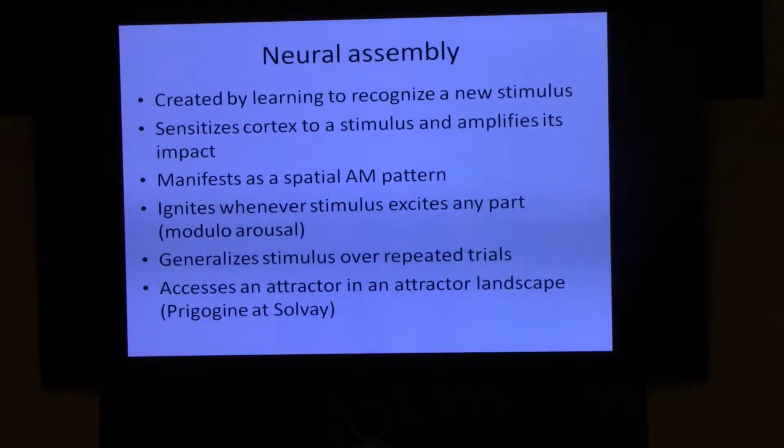Prigogine had a number of criteria, which I'm not going to bring up here, but Freeman, in his work, repeatedly points out how the properties of neural systems fulfill Prigogine's criteria for self-organizing dynamic systems.